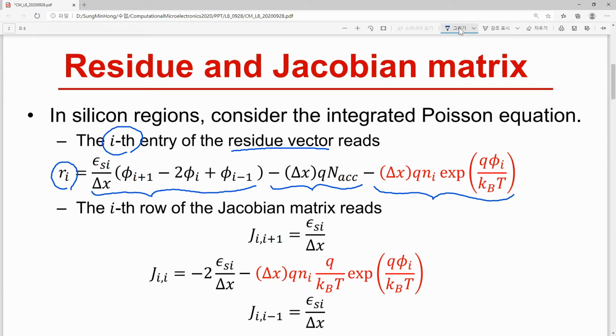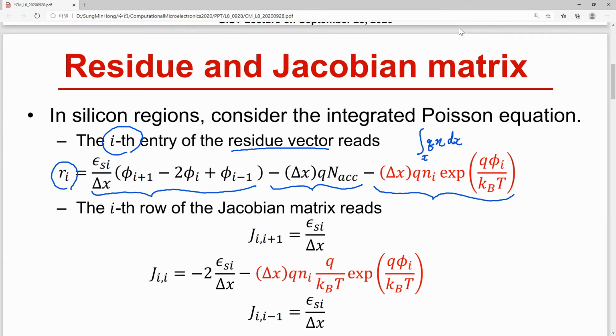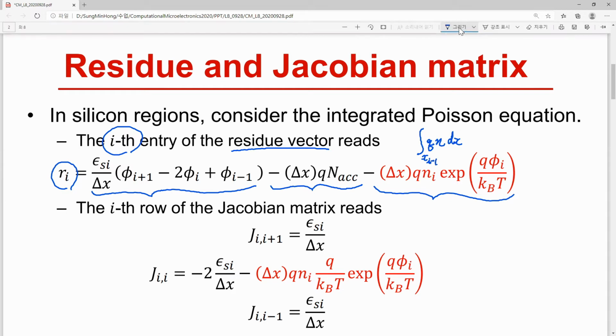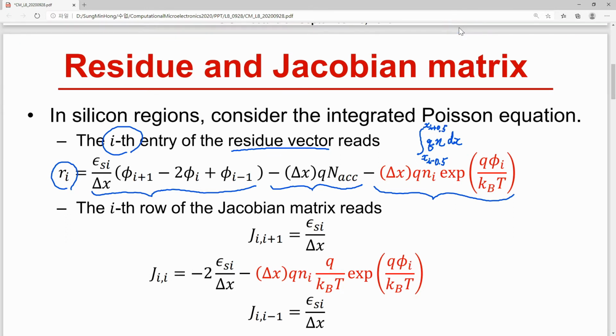And you can easily find that this is nothing but Qn, which is integrated over our control volume. So in this case, it is from xi minus 0.5 to xi plus 0.5, the control volume of our i-th grid point.